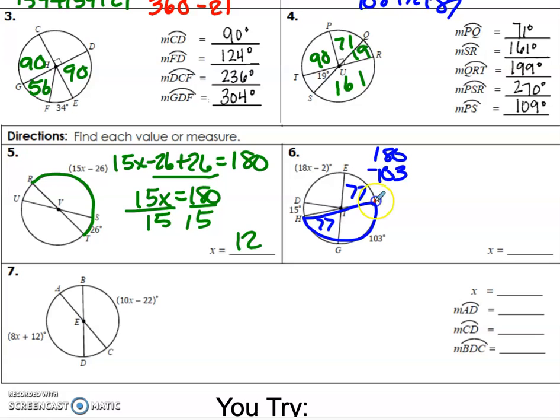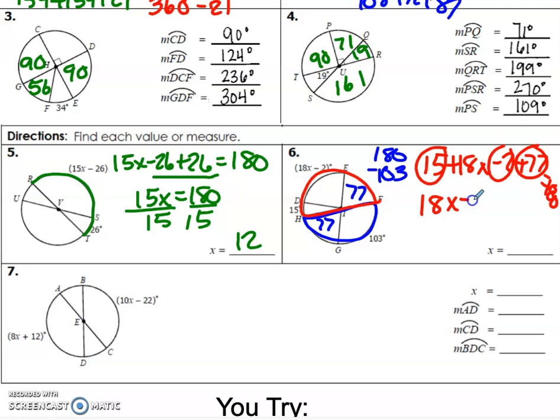So now I'm going to use my knowledge of this semicircle, for example, to solve for x. So I'm going to start off with 15 plus 18x minus 2 plus 77 equals 180. Okay, combine like terms, 15, negative 2, and 77 are all numbers. So that's going to give you 90.